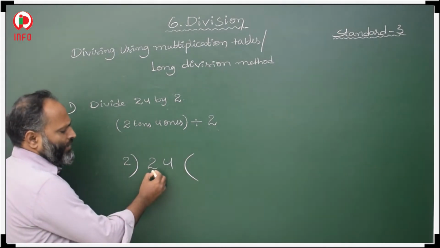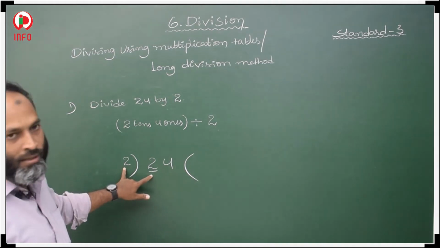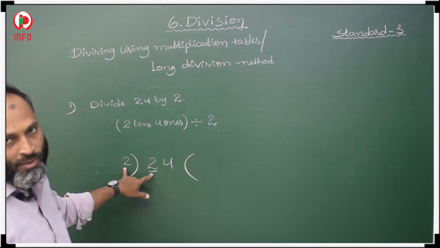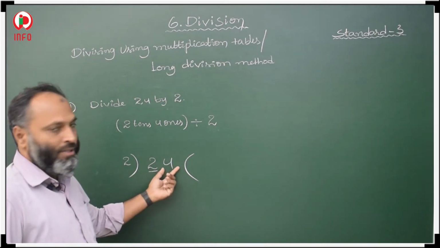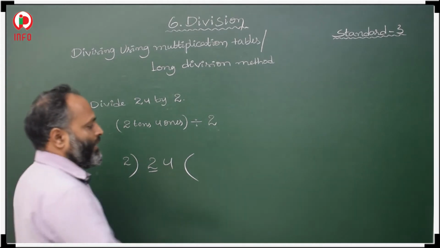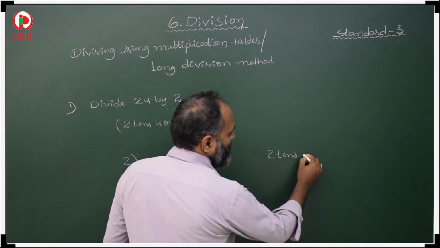First place value we take this 2 and compare with this divisor. The divisor and this place value are both the same, so no need to take this 4 first. First we take 2 only, 2 tens divided by 2.